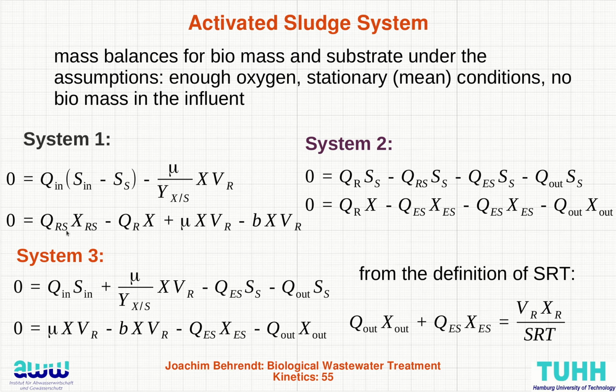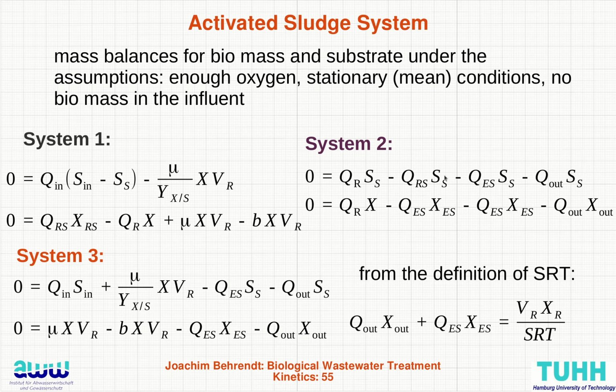And for the biomass, of course, the return sludge with the return sludge concentration enters the reactor, and finally this goes out. We have the growth rate of the microorganism. Also finally this flow is bigger than this flow, and the decay coefficient. Yeah, we have the system 2. Now there is here finally something going in, and the rest goes out.